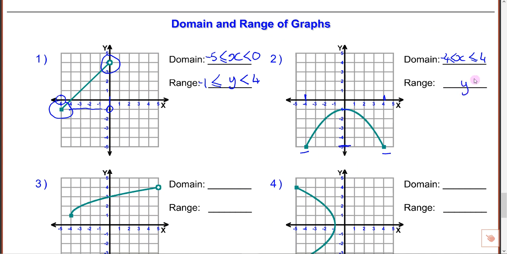So y must be less than or equal to -1, because it is on that point, and greater than or equal to -5, because the dots are filled. When they're not filled, it means not equal to, just like your inequalities. So the x values are what have been put in to give me the y values. Yeah? We can always talk a bit more about this tomorrow.